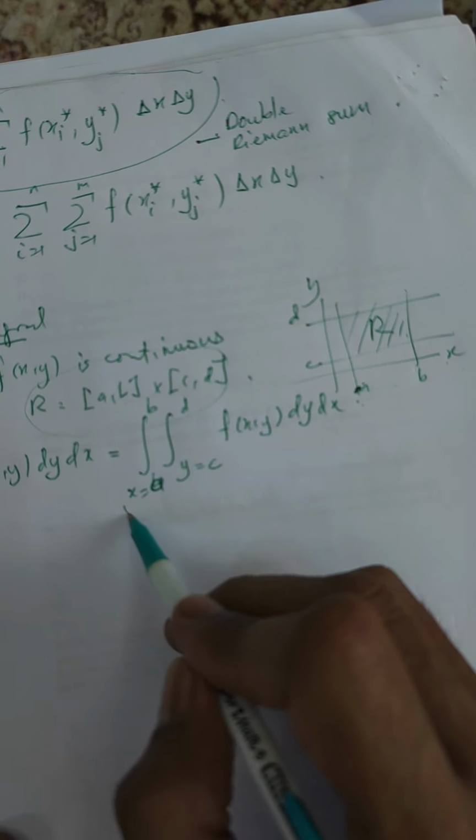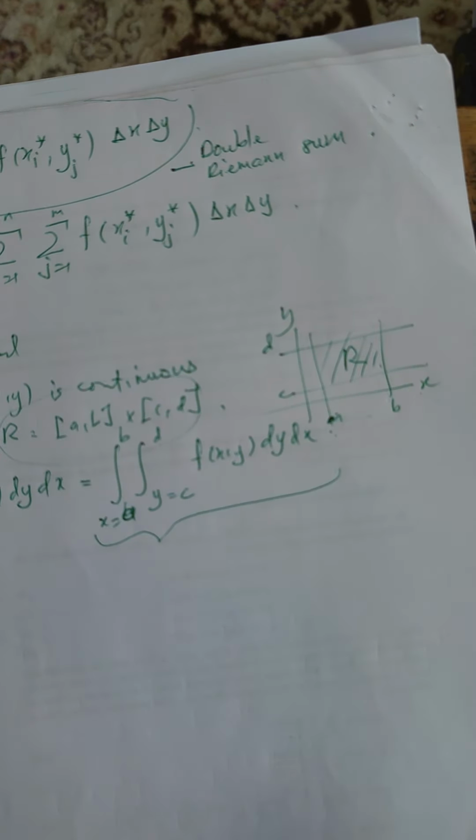Now, how to evaluate this? Of course, you can use the definition using the limit and everything, but even for a single variable function, evaluating the integral using the definition is not easy. So what we can do is use what we call the iterated integral.